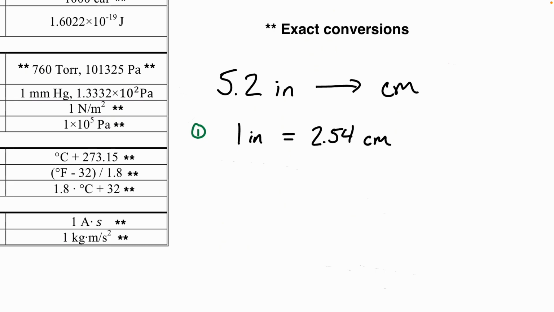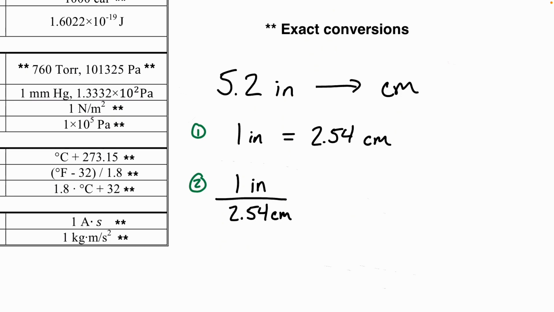What do we think the next step is going to be? We're going to stack them. We're going to build that conversion factor where we set one side of the equal sign onto the other side. So 1 inch over 2.54 centimeters. So just like before, step two, we're going to build our conversion factor.